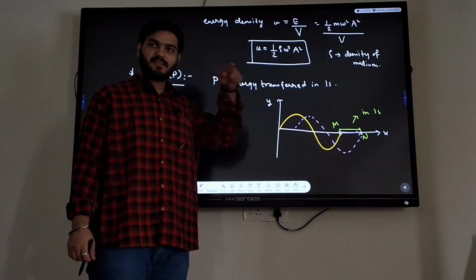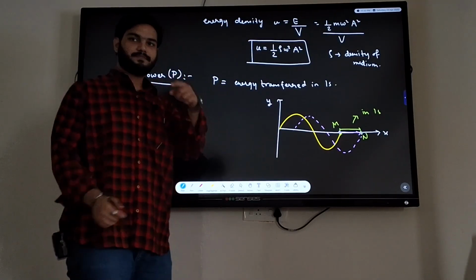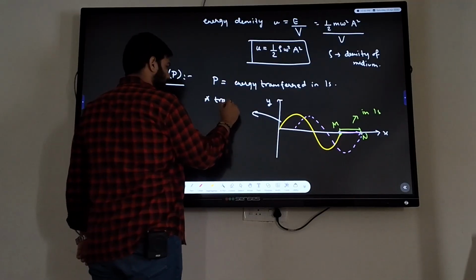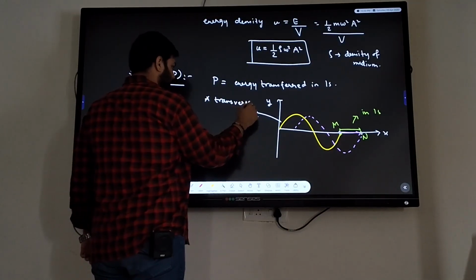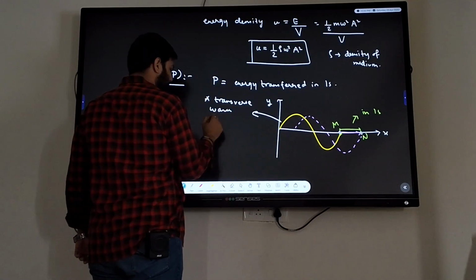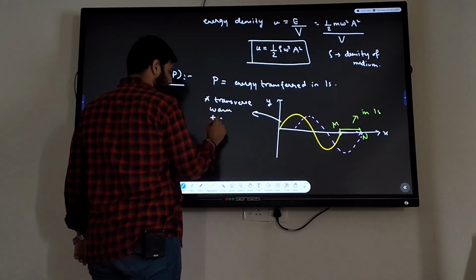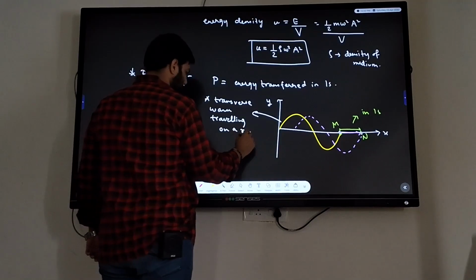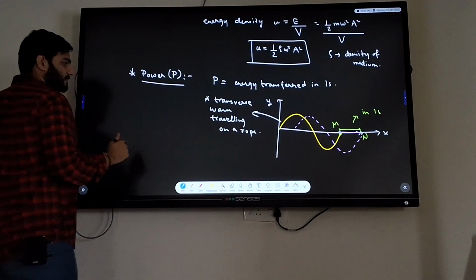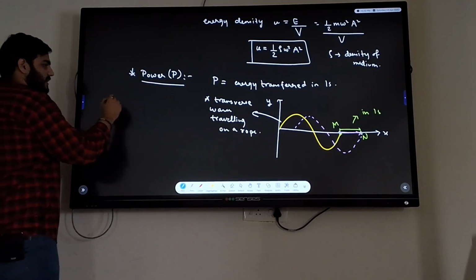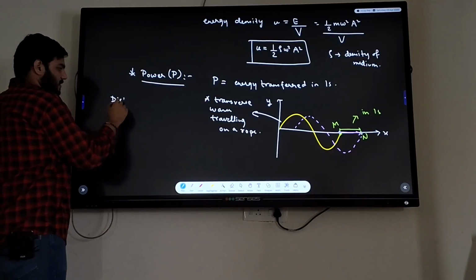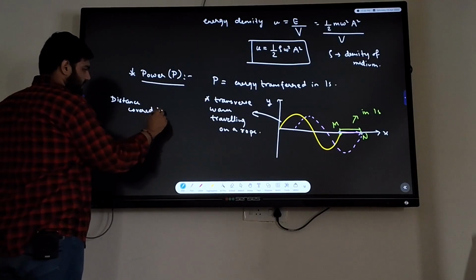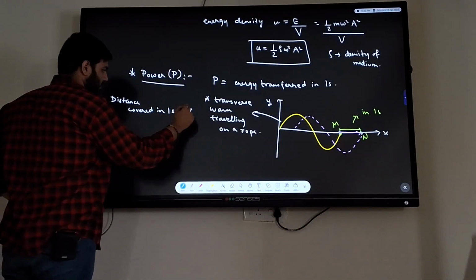This can be thought of as a wave going through a rope, a transverse wave traveling on a rope. So, what is the length distance covered? In 1 second, that's v.